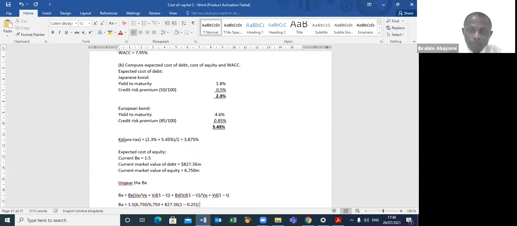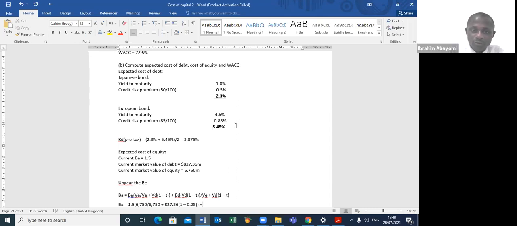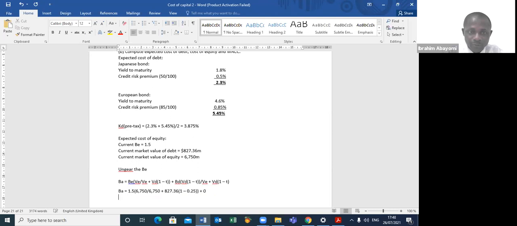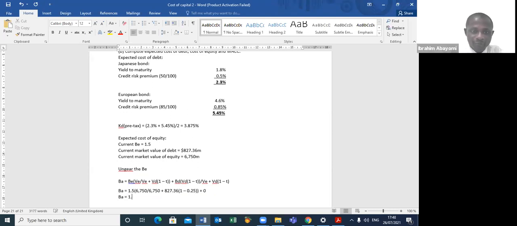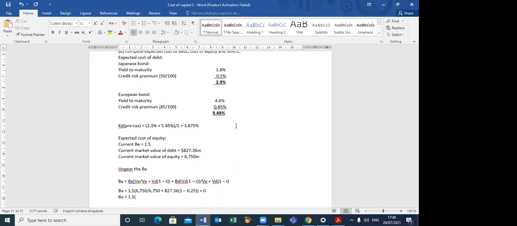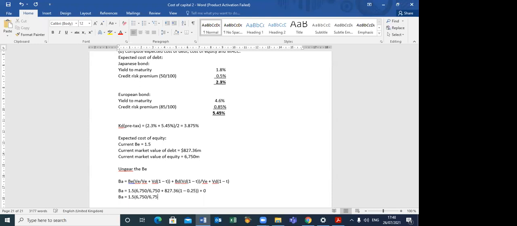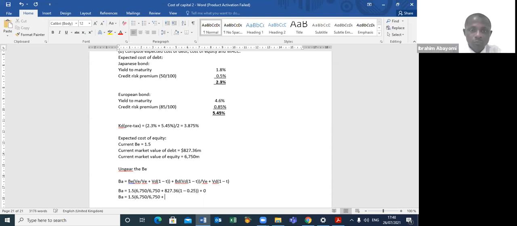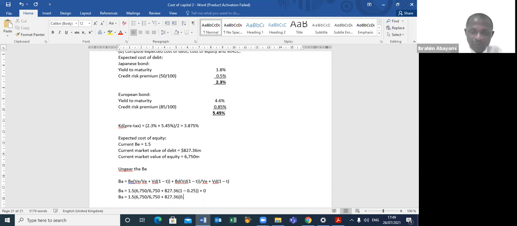I close this again. Plus, do you have beta of debt? No. So since there is no beta of debt, it will be plus 0. There's no beta of debt. So beta of assets will be equal to 1.5 into bracket 6,750 all over 6,750 plus 827.36 into bracket 0.75.